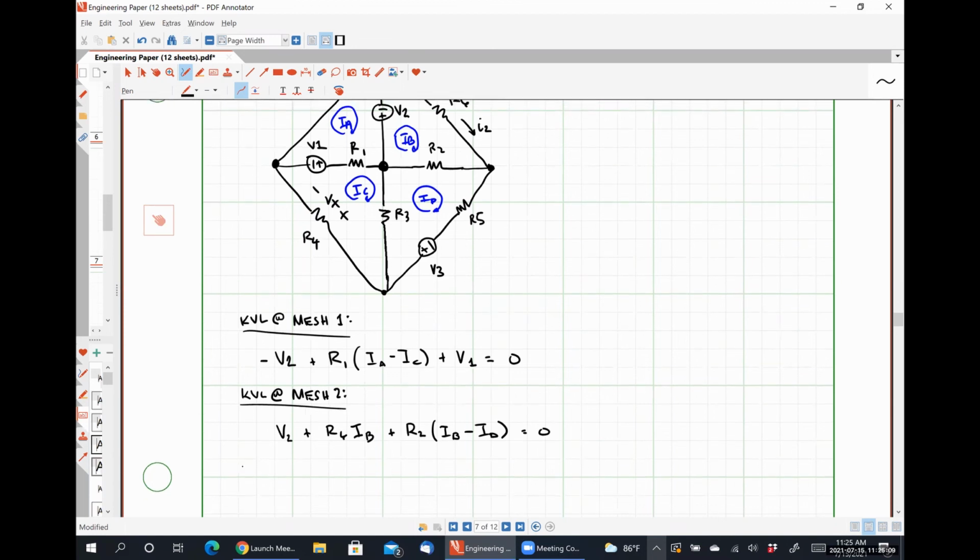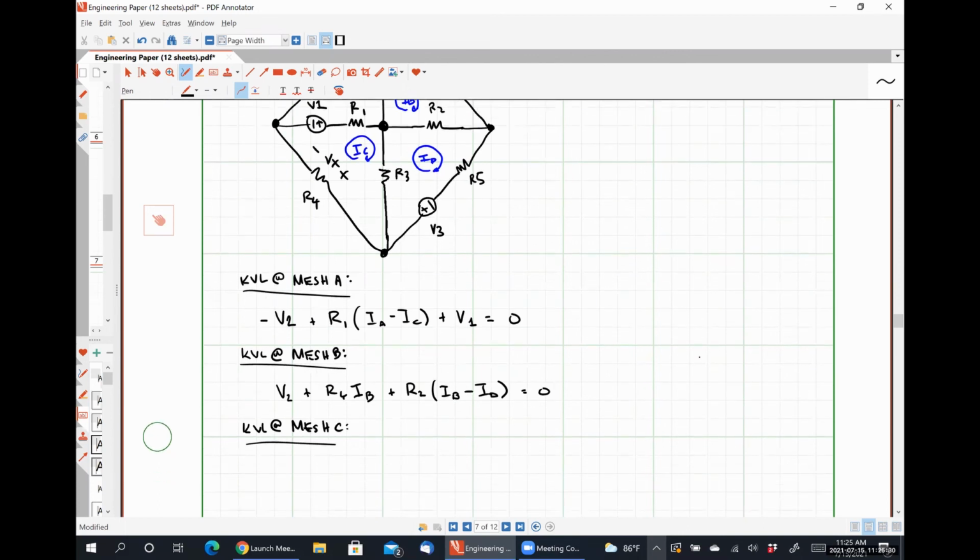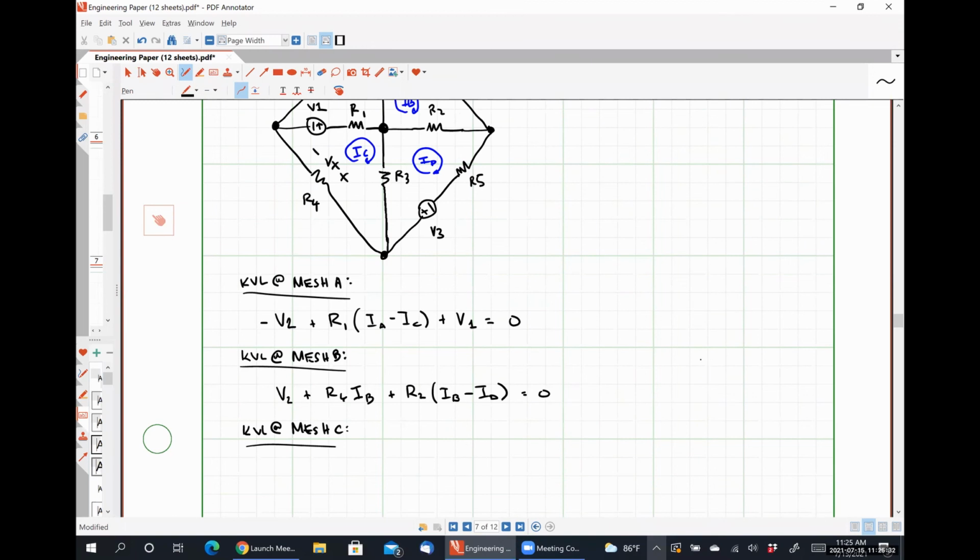All right, so then let's look at KVL at mesh. Oh, sorry, I'm just calling these 1, 2, and 3 when it should be A, B, and C. I apologize. Mesh C. I'm going to start here at that bottom tip. The first thing I see is R4, and R4 will have a mesh current of IC flowing through it.